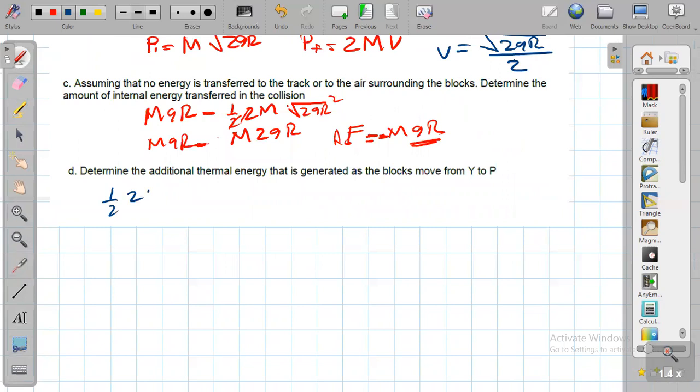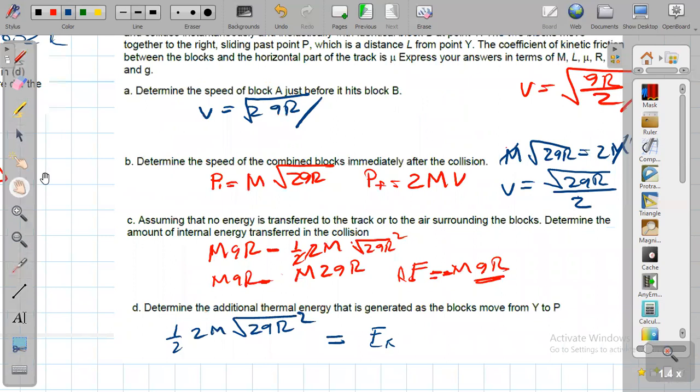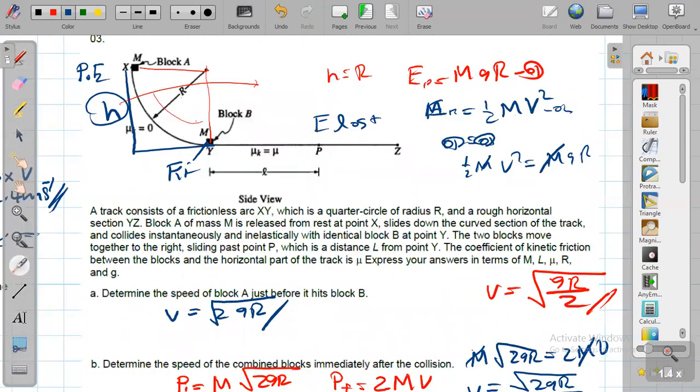Half times 2m times 2gR square is the energy it had. So now it's gone. That is the exact energy lost here, because it had some energy here. Now the kinetic energy is completely lost after moving through here.